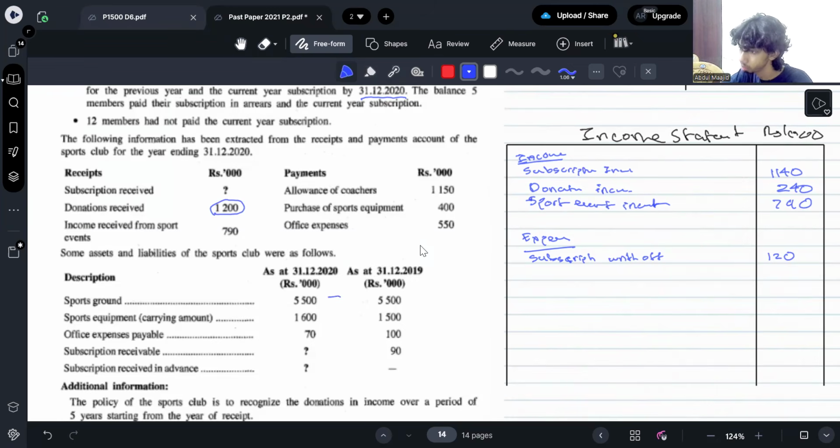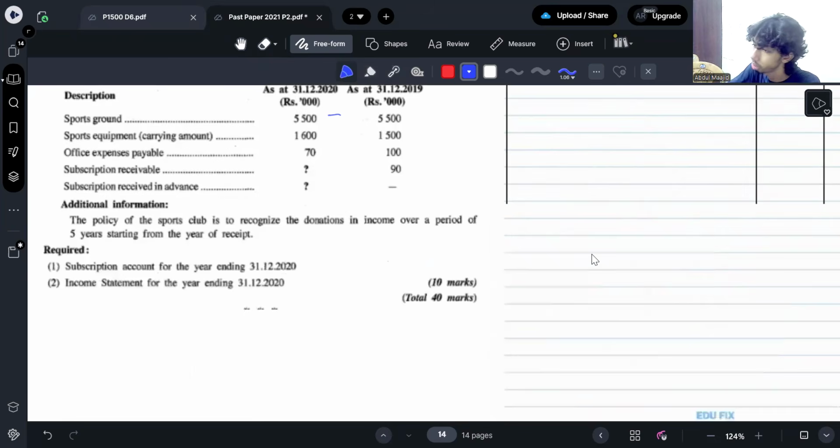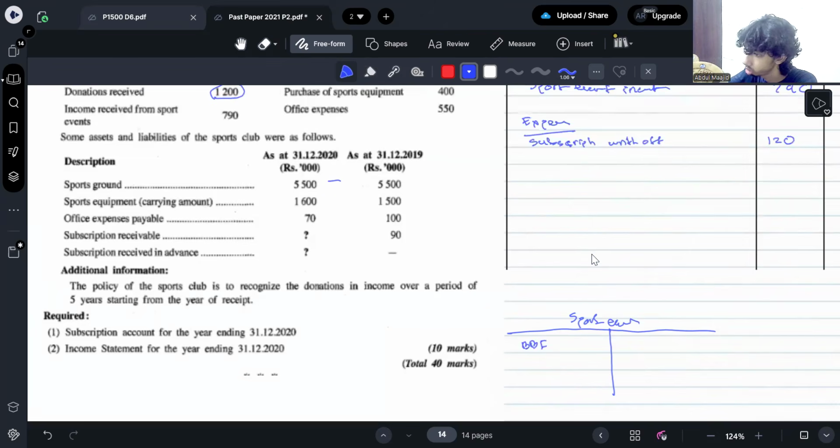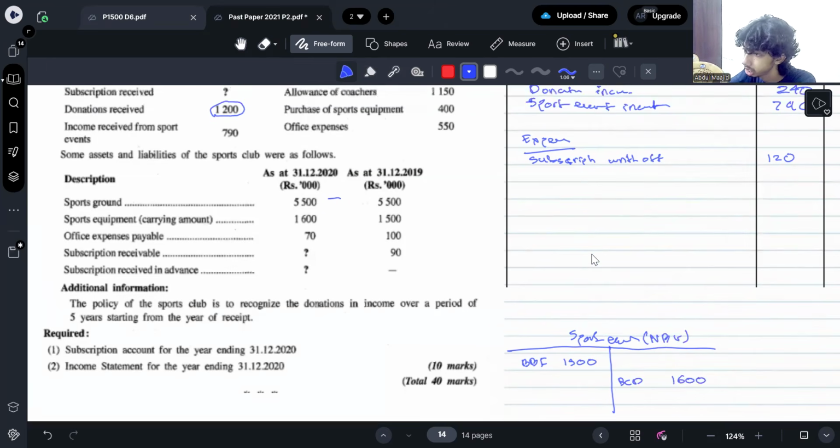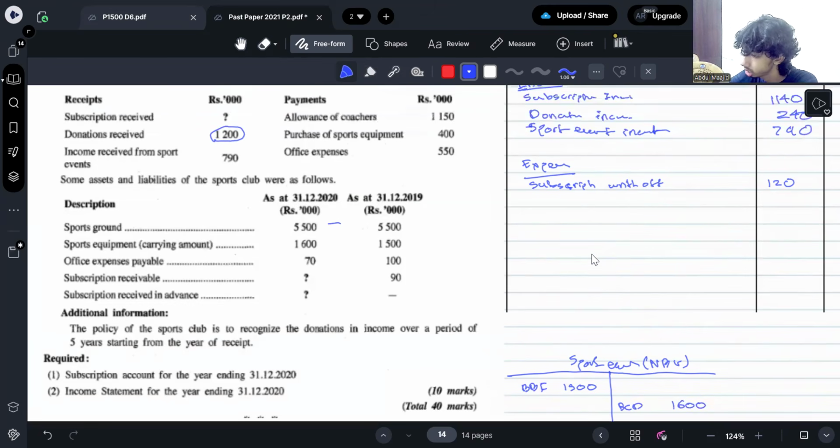Sport ground. Purchase of sport equipment. Now here we have to find the depreciation of sport equipment. For that, prepare the sport equipment account. Opening balance of sport equipment is 1,500. This is the carrying amount, net book value. Then depreciation is also recorded here. Closing balance 1,600. Then we are purchasing sport equipment on cash 400.